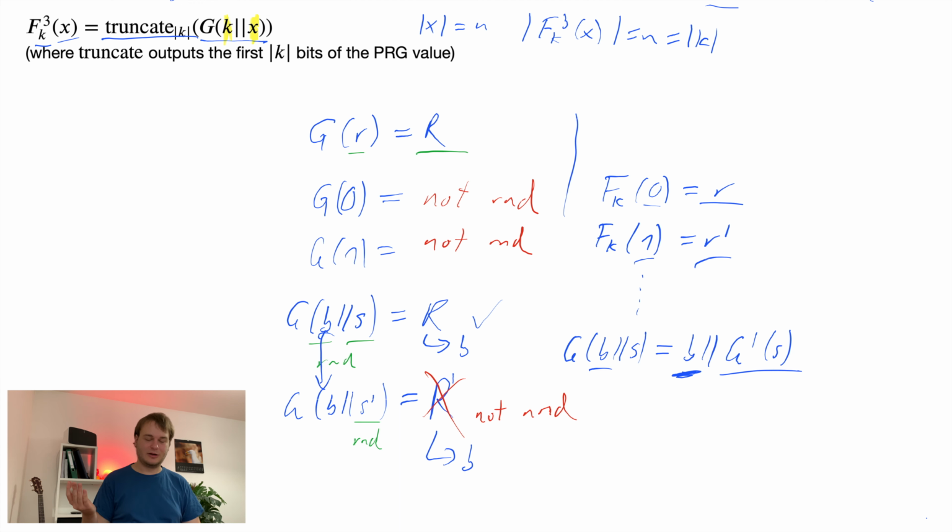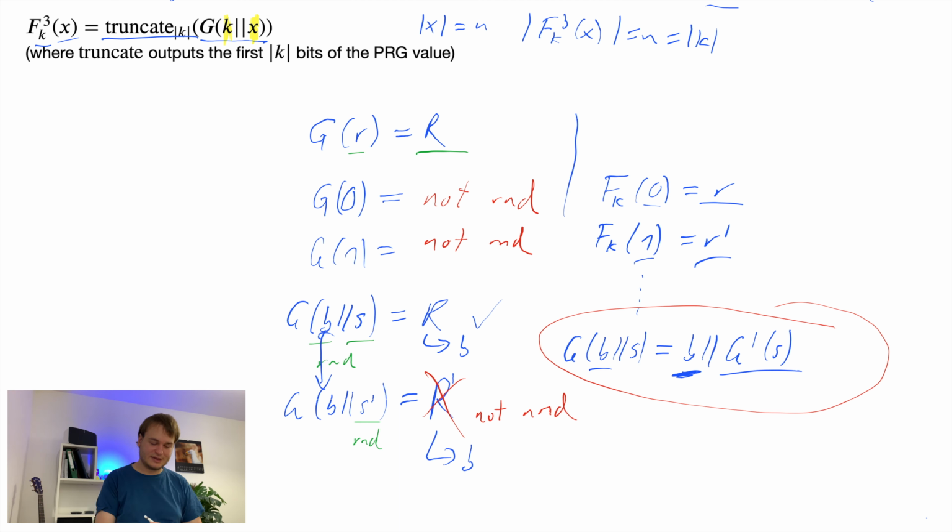And then we can apply all of this to this exercise here. For example, we want to show that this is not necessarily a pseudonym function, right? So we can come up with a counterexample for a secure pseudonym generator where this F3 is not a pseudonym function. And we basically already came up with it. It's this pseudonym generator.